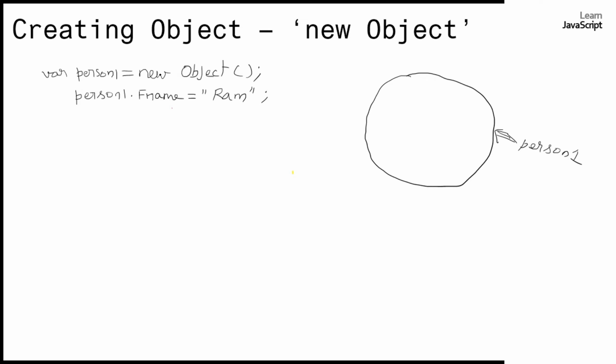Simply speaking, we created an object. Then here we are actually assigning a member. So in the very first line, at this stage just the object is created. Now here we specify a member fname. So after that, the second statement, we will get a member inside this object and that member holds Ram.